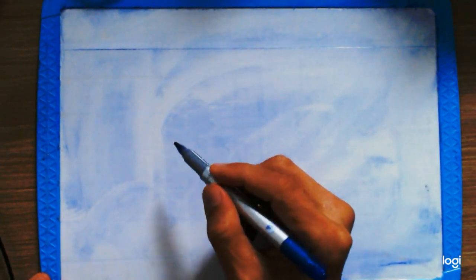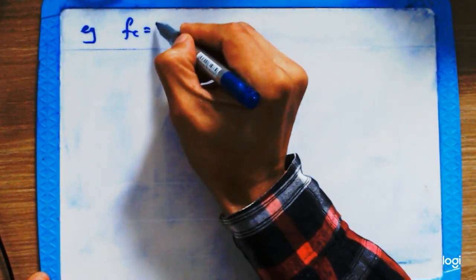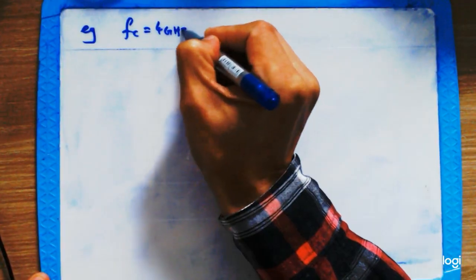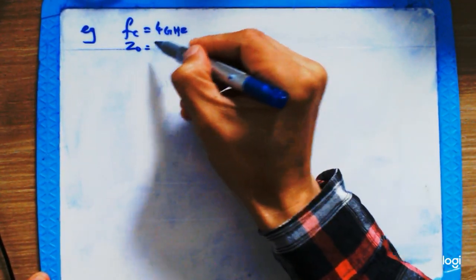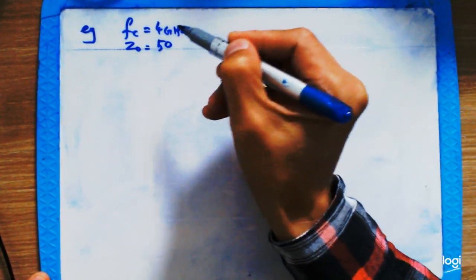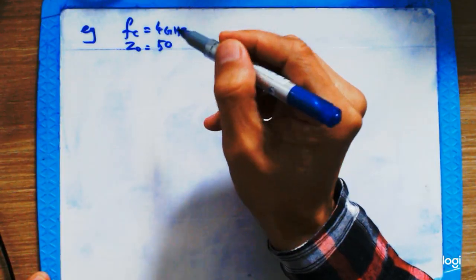Suppose you're going to design a low pass filter with cutoff frequency 4 gigahertz, and the characteristic impedance is going to be equal to 50. This is the reference impedance. So here we go.